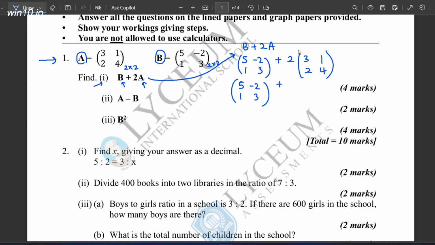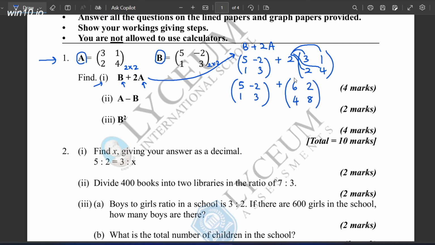When we get 2 times A, what we have to do? We have to multiply all these elements by 2. So what do we get here? 2 times 3 is 6. 2 times 1 is 2. 2 times 2 is 4. 2 times 4 is 8.